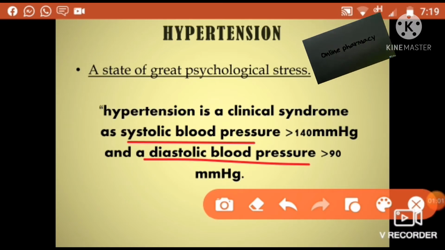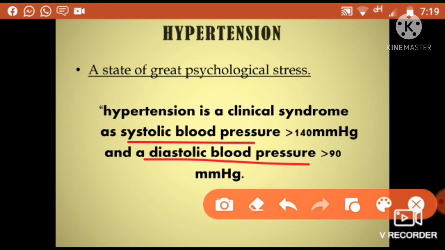Whenever your systolic blood pressure is greater than 140 millimeters of Hg, this is an abnormal value or abnormal behavior of your pressure. This millimeter of Hg is a unit of blood pressure.